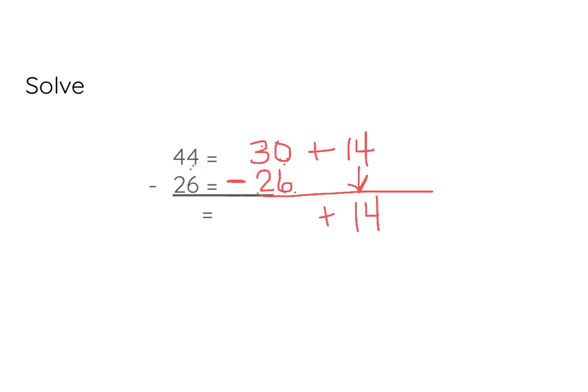Or think in your head, what does 26 need to get to 30? And you can think the number line now. You've had a lot of practice with number lines. So how did you get from 26 to 30 on the number line? Well, you added a 4. So 14 plus 4 equals 18. And your final answer is 18. Great job.